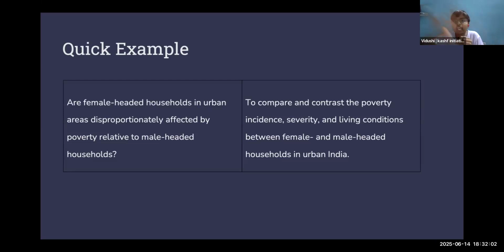So in the aims, you bring in all those ambits of what your research question will be able to achieve. It will compare and contrast the poverty incidence, how much poverty there is, how severe it is, what the living conditions are, and the difference between female and male headed households in urban India. So you see, it's related, but it also expands on the research question and tells you exactly what the umbrella of the research question will be able to achieve at the end of your study.